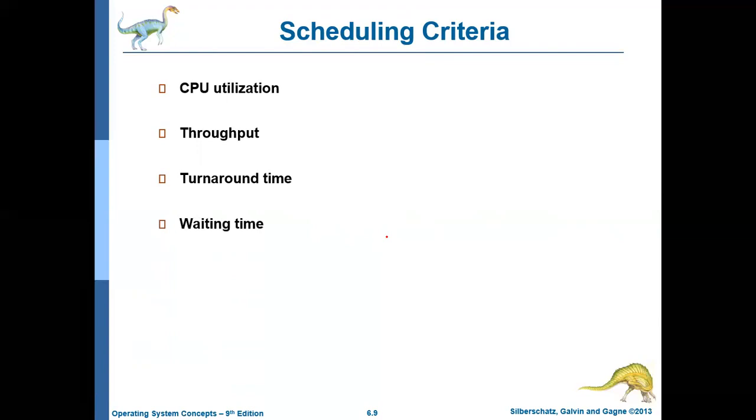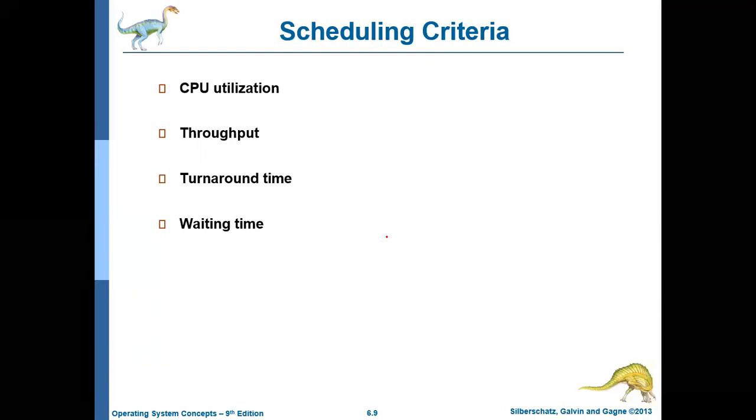The next is waiting time. Waiting time is defined as how much time the process is waiting in the ready queue. Basically it is only the time duration the process is spending in the ready queue. That time duration alone is called waiting time.